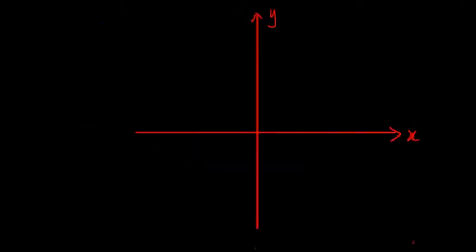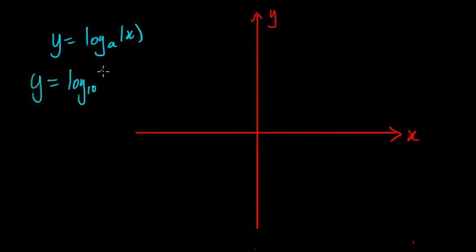So firstly, what does a log function look like, the standard log function? So talking about here, y is equal to log a x. Now a can be any number, however, apart from changing some of the steepness at points, the general shape stays the same. So we'll graph y is equal to log 10 x first.